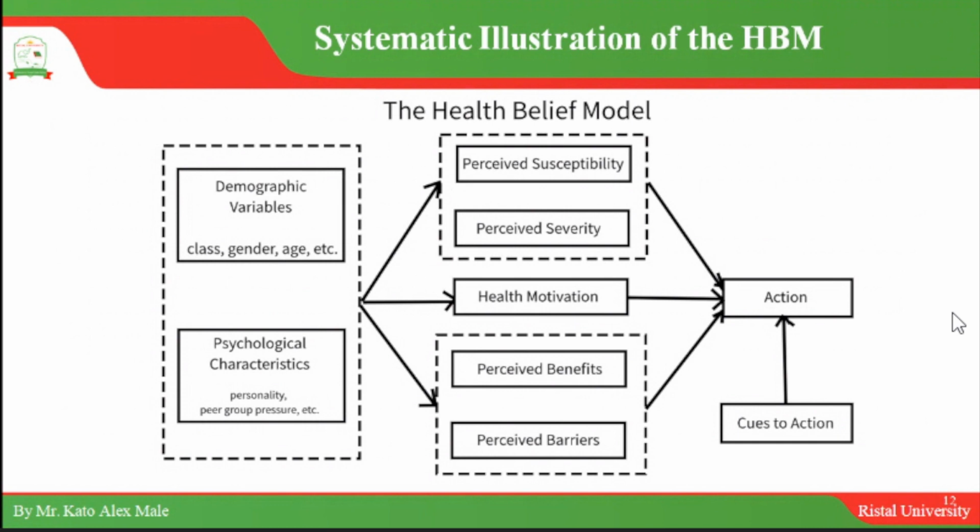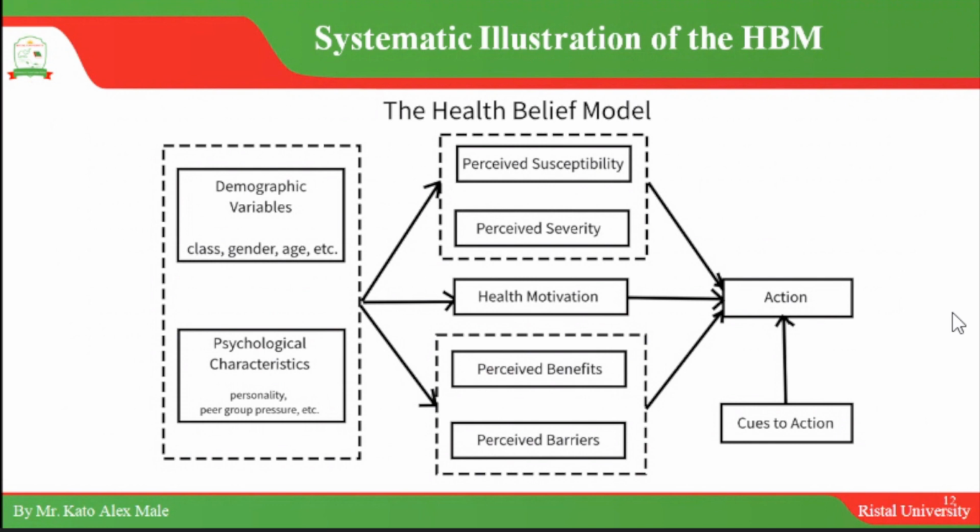Financial levels, gender, age. Those are some of the demographic variables that can be based on to determine whether this patient will seek care. And they are the ones they base on to determine whether they are susceptible or at risk. Then psychological characteristics such as personality, peer pressure, all of these determine whether they are actually at risk of the condition.